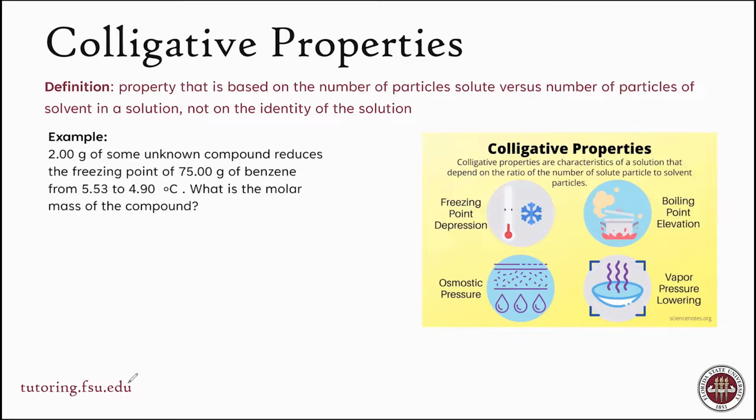To start off, we have our equation, delta T is equal to Kf m. We have our delta T, which is 0.63 degrees Celsius. And Kf is a freezing point constant. In this case, it wasn't given in the question, but this is a constant for anything that's benzene. So you can just Google it if this is homework. If it's an exam, it'll be given to you.